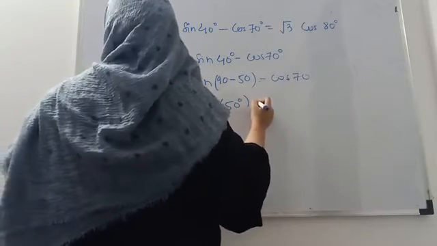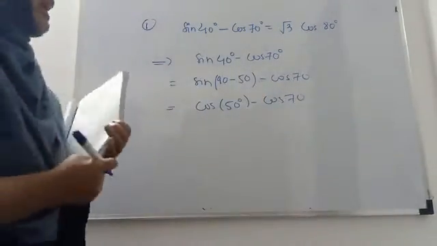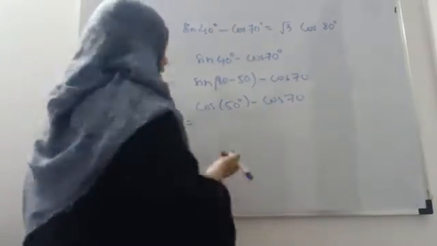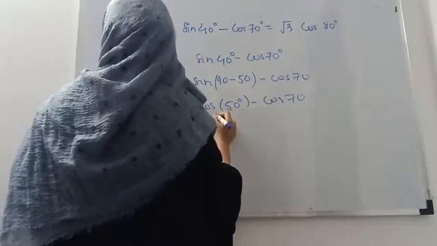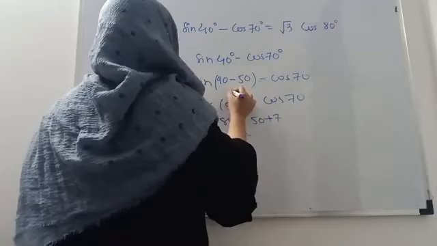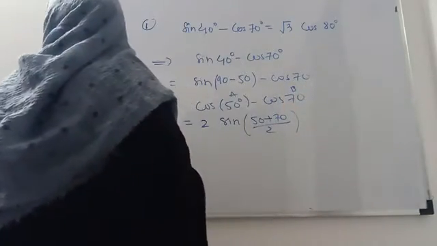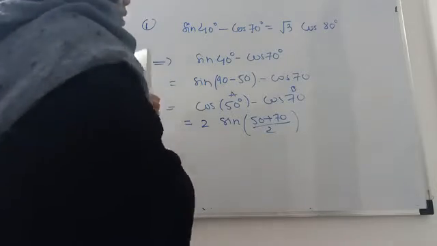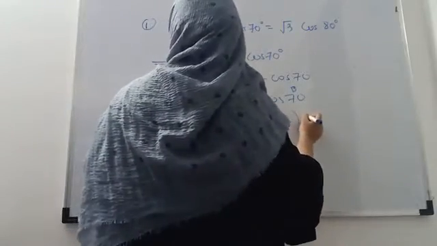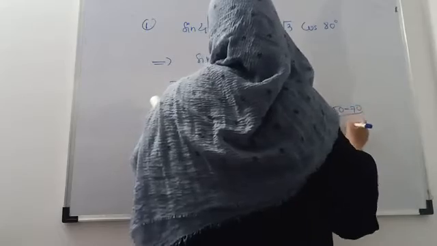So it is cos 50 minus cos 70. I have used the formula for allied angles. Now we can apply the cos C minus cos D formula. Therefore the formula is 2 times sin of (50 plus 70) upon 2, into, and here we have to use a minus sign as well, sin of (50 minus 70) upon 2.